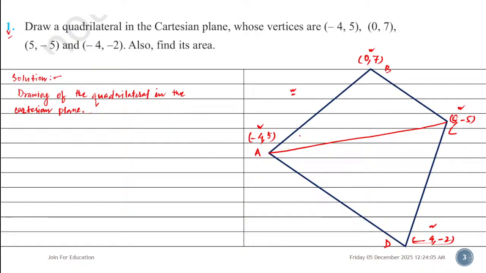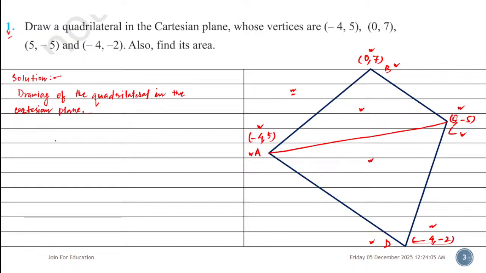It also asks us to find its area. So we name the vertices: this is A, B, this is C, and this is D. We join A to C, then the quadrilateral is divided into two triangles.